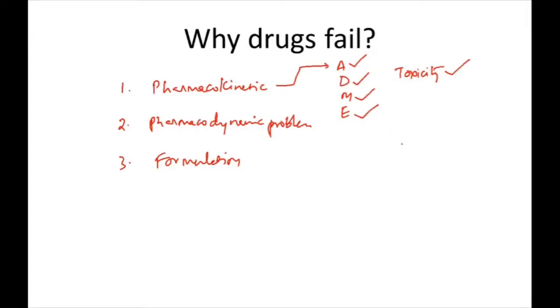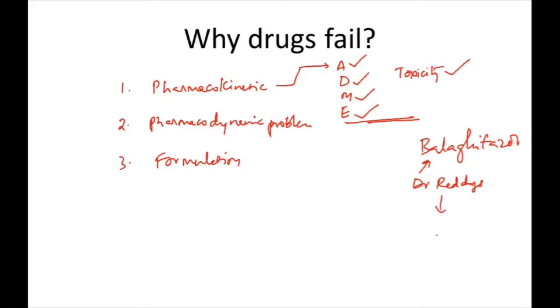Okay, so to give you an example, balaglitazar. Balaglitazar is one of the diabetic drugs developed by Dr. Reddy's. This is one of the classical examples of how things will change when ADMET properties are not fine.